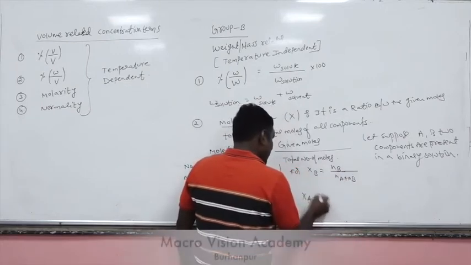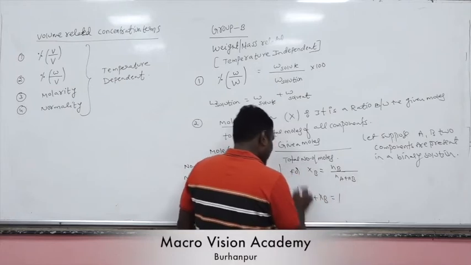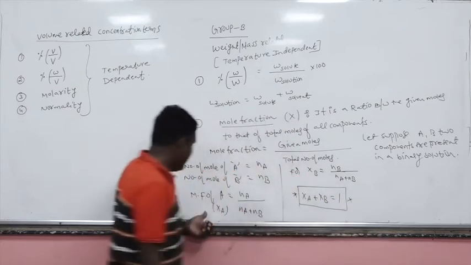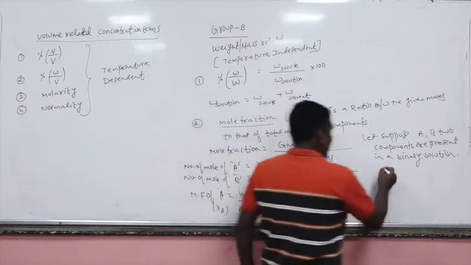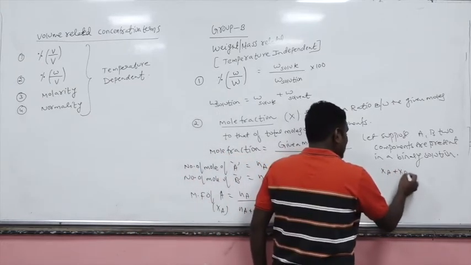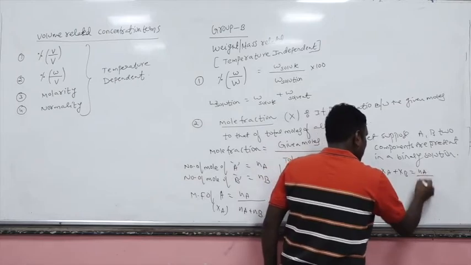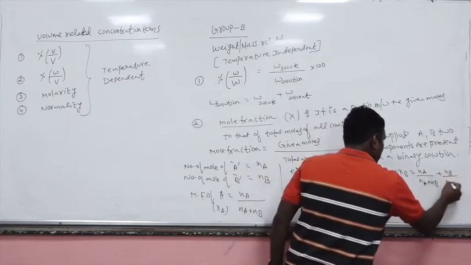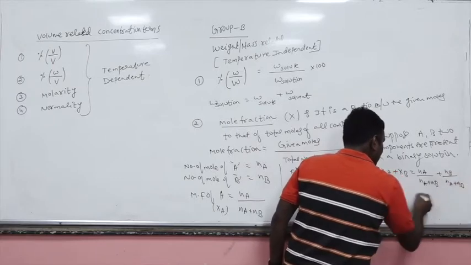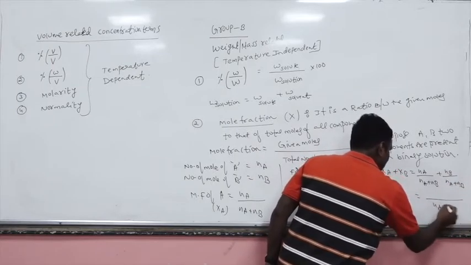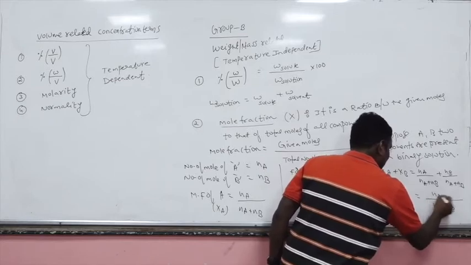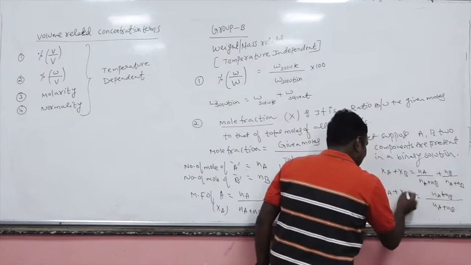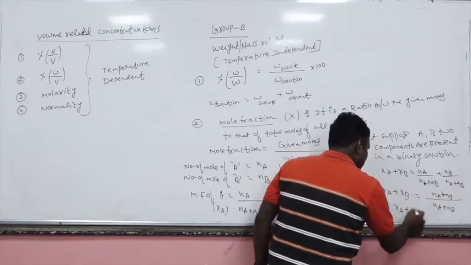Remember, the sum of the mole fractions of all components in a given solution is always equal to unity. How? Xa plus Xb. What is Xa? Number of moles of A by total moles, Na plus Nb. What is Xb? Number of moles of B by total moles, Na plus Nb. So the denominator is Na plus Nb, and the numerator is also Na plus Nb. They get cancelled. So Xa plus Xb is equal to 1.